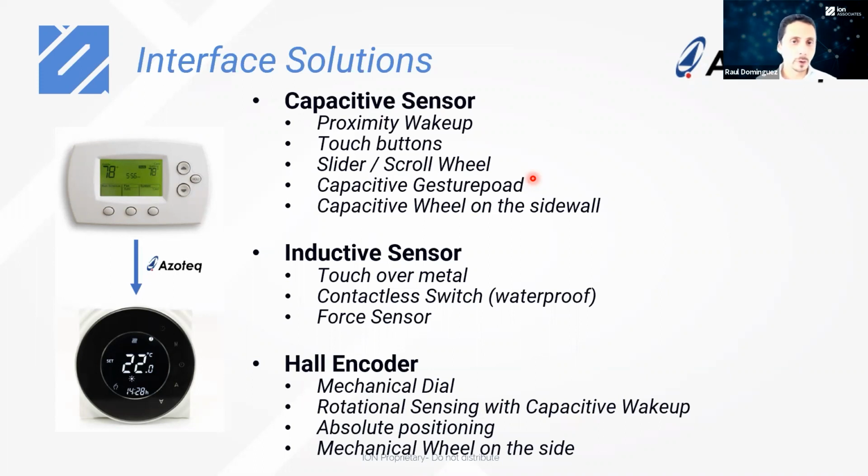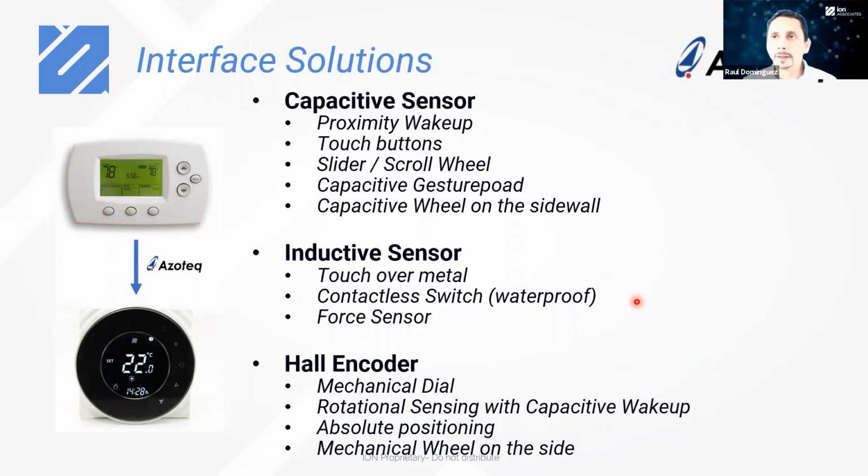We have touch buttons, and you can implement sliders. We can even implement gesture pads, so you can have a square or a circle and design something that can detect up to 5 fingers, creating your own gesture pads. For the inductive sensors, we can implement touch over metal, a contactless switch, because you can have a metal inside and detect its deflection when force is applied.